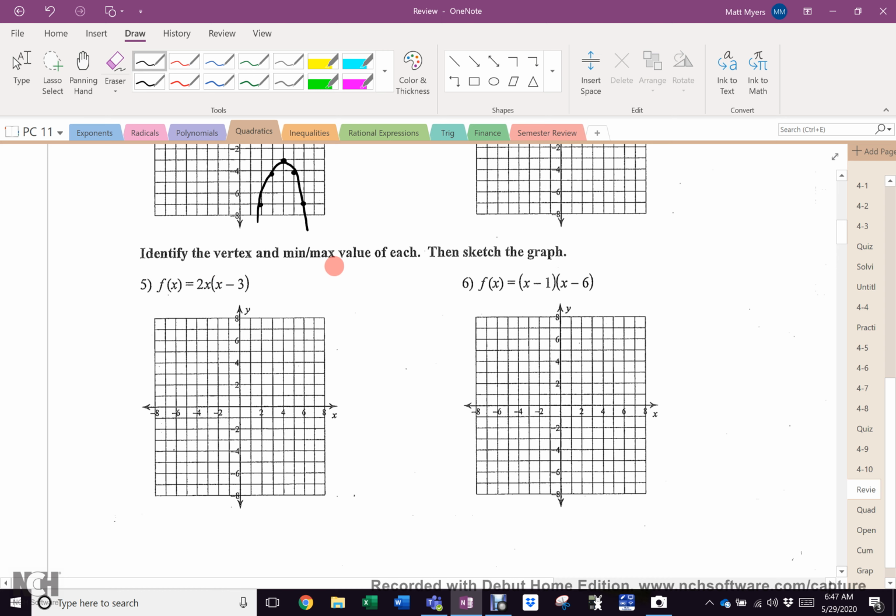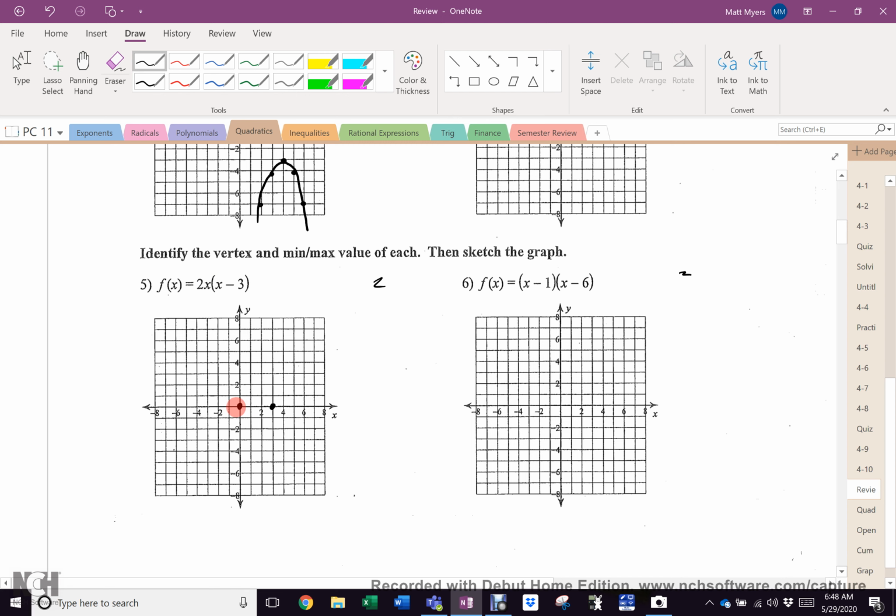Identify the vertex and max-min value, then sketch the graph. Also, 2 each. So the vertex here is a little harder to find, because I have the roots. Well, the roots are 0 and 3. What's halfway between 0 and 3?